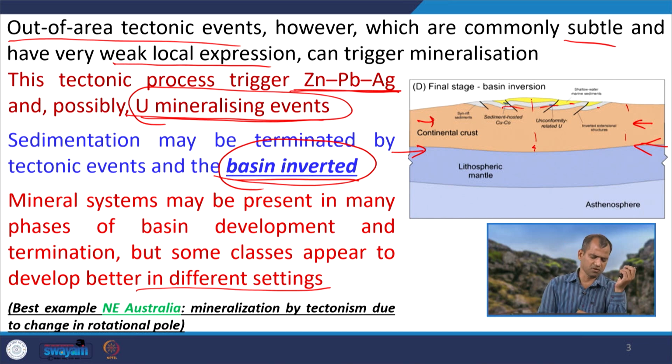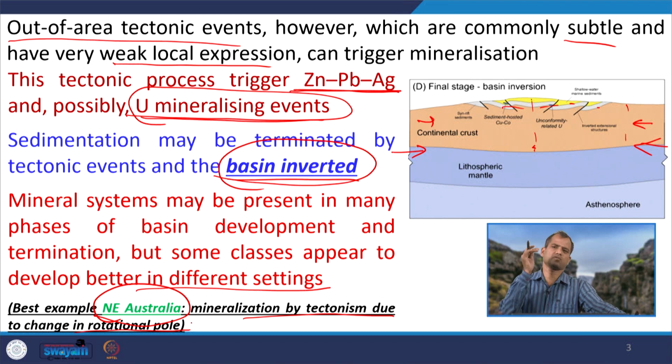And the best example is Northeast Australia, where mineralization occurs by tectonism due to change in the rotational pole. If you remember when we were talking about Euler's pole, due to that the plates are moving, and once this pole is changing, the plate movement direction changes. Now imagine when the plate was moving in a particular direction, there is a state of motion, and that is why the mantle or asthenosphere and the lithosphere are adjusted.